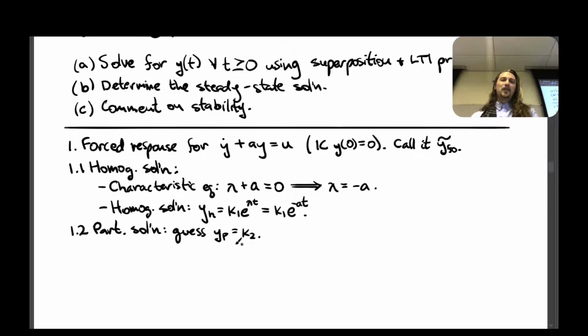So we'll plug it into our differential equation here. What is the time derivative of a constant? 0.